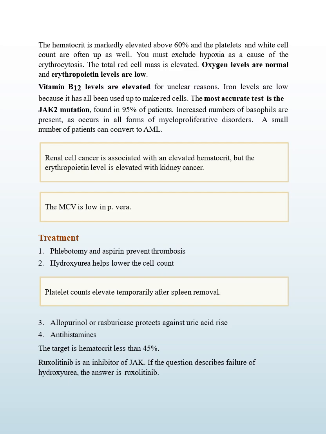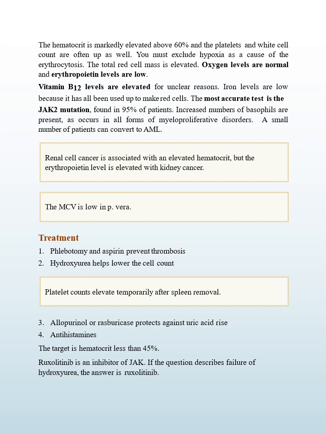Platelet counts are elevated temporarily after the spleen is removed. Then we can also give allopurinol or rasburicase to protect against uric acid elevation. And we can give the patient antihistamines.